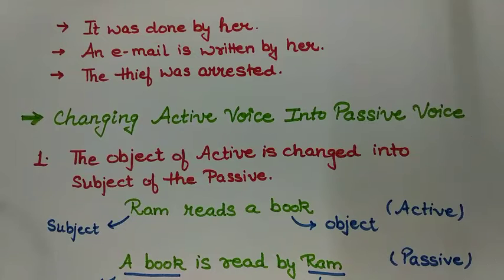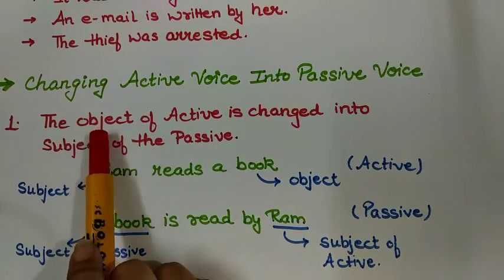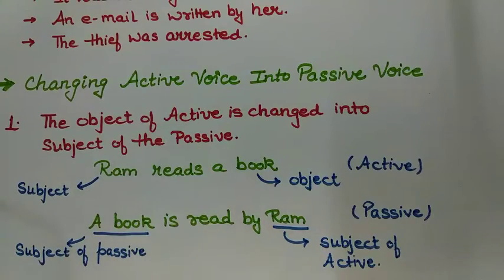Now, changing active voice into passive voice is really a big deal because there are a number of formulas and a number of conditions. So, here I will tell you the basic change in active and passive. See the first basic rule. The very first thing is the object of active is changed into the subject of the passive.